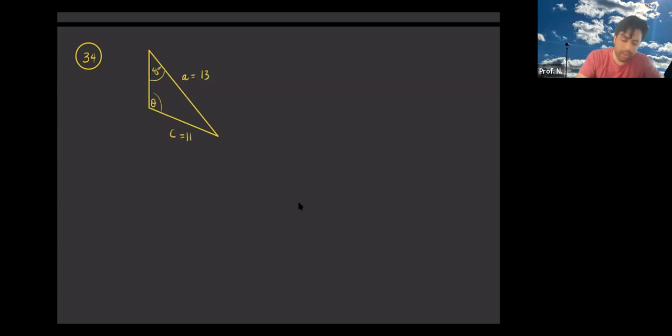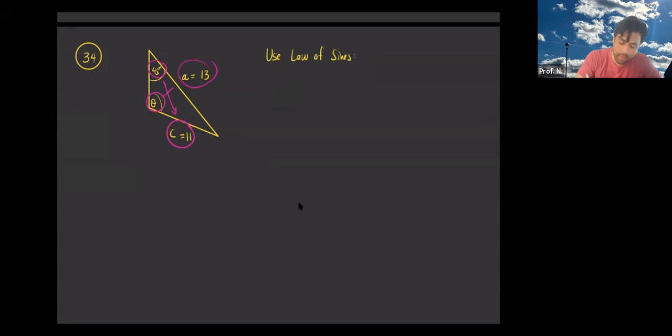Do you see here that this angle is paired up with this opposite side? And do you see that this angle is paired up with this opposite side? And the only thing you have unknown is theta. So I can use law of sines.